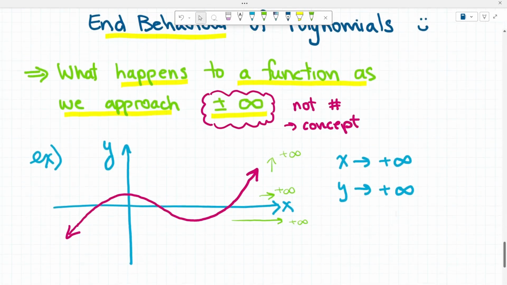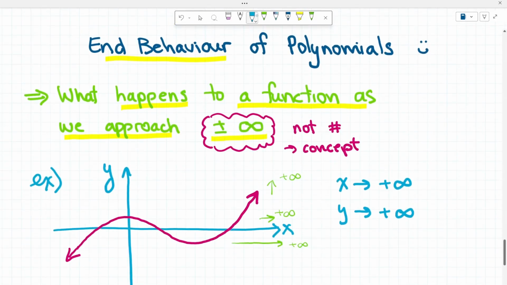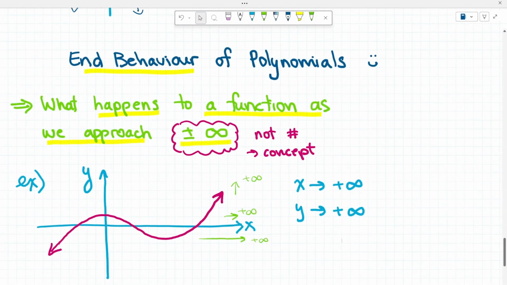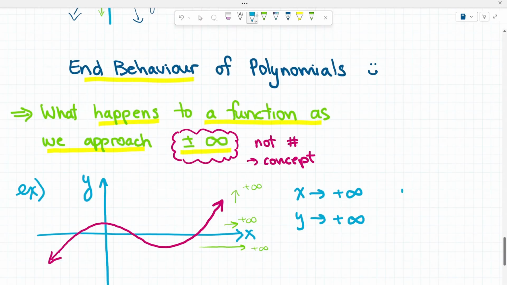Okay, but what about the reverse? Let's give ourselves some more space here. As x approaches negative infinity, what is y approaching? As we travel down the x-axis in the negative direction over here, x is approaching negative infinity, what's happening to y?